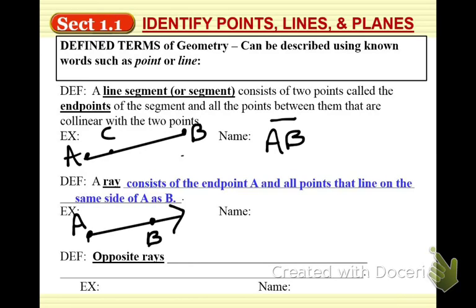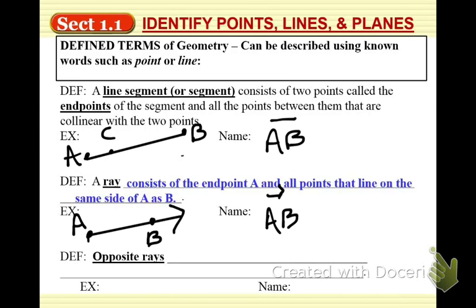So all we need here is to identify the endpoint, and then we need a point that gives us the direction of the ray, right? Which way does it extend forever? And those are the two points we'll use to name the ray. So we call this ray AB, but again we have to have a symbol because we've got two letters to name other stuff.